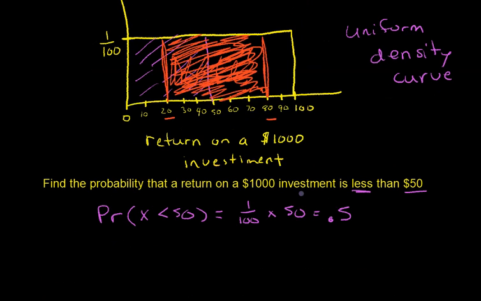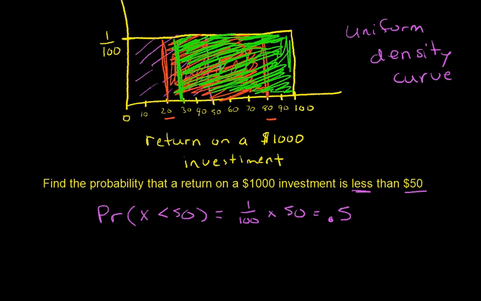Let's go up here. Here's $30, and we're talking about being greater than or equal to this number. So I'm shading this box in green.